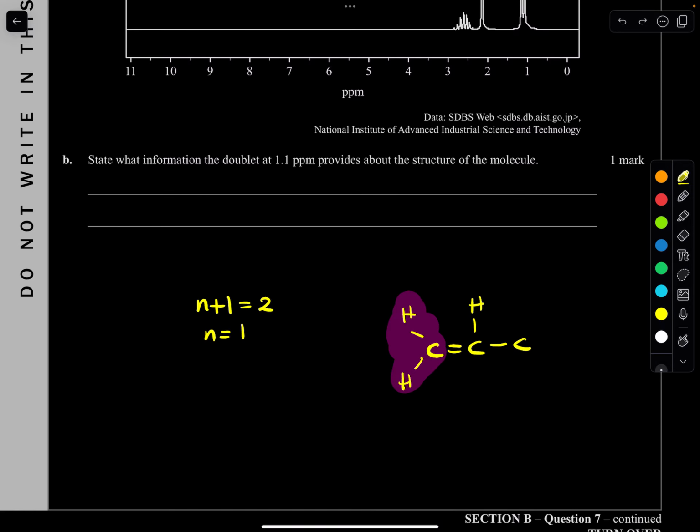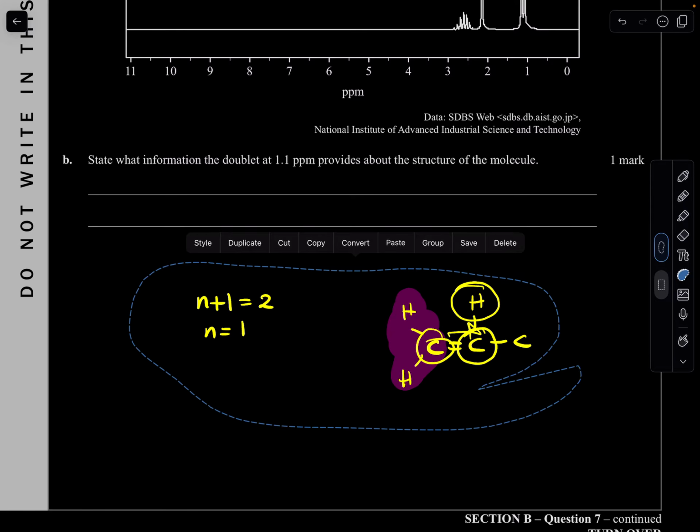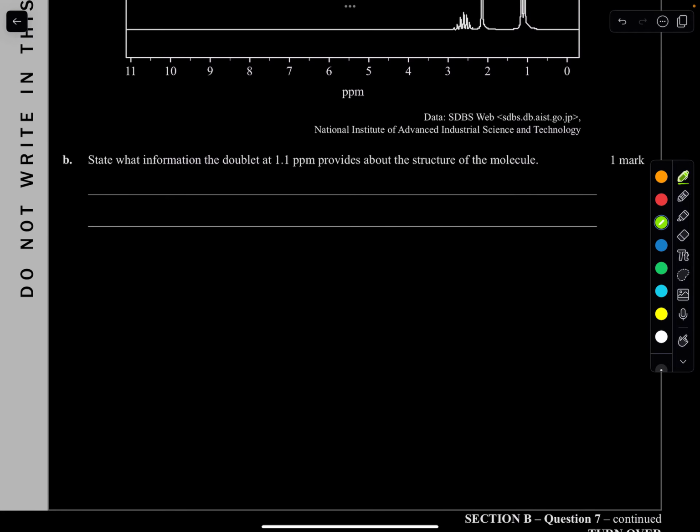It means the carbon next to it, this carbon here, has to have 1 hydrogen. And that's what it tells us about the structure. Not the most crazy stuff, but it does tell us something about the structure. It's just using the n+1 rule. It's only 1 mark, so we'll just say using the n+1 rule, it tells us that on the adjacent carbon there should be 1 hydrogen.